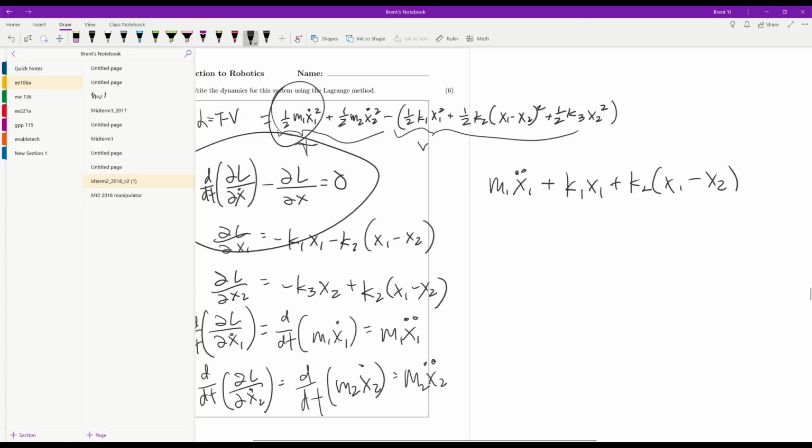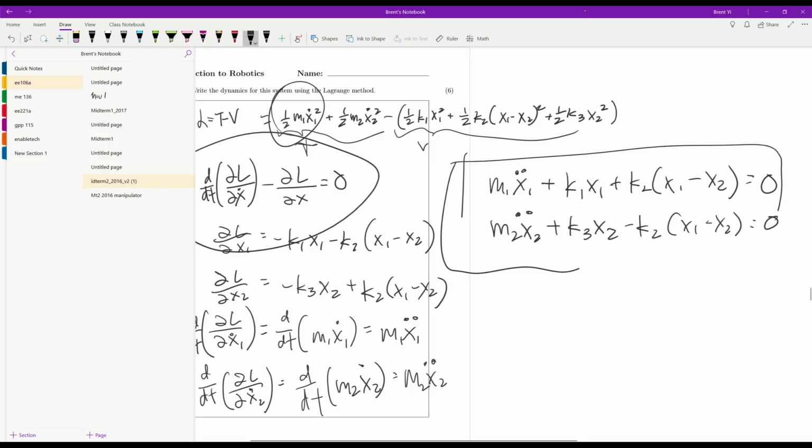The second will be m2 x2 double dot plus k3 x2 minus k2 times x1 minus x2 is equal to 0. And that should be it. If you want, you can optionally try to isolate the x double dots. But if you don't, that's all we have for this 2016 midterm.